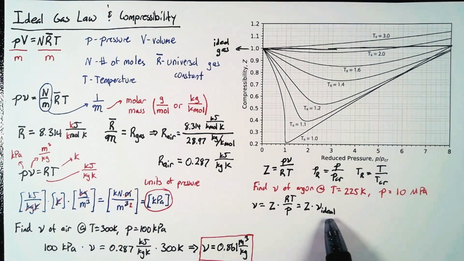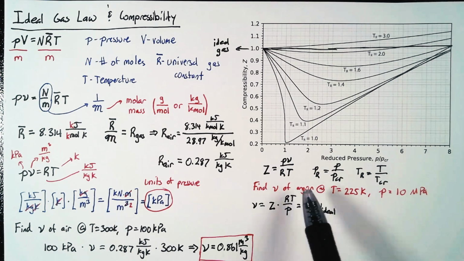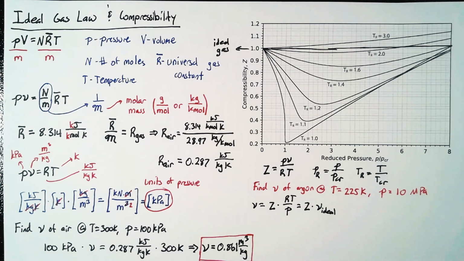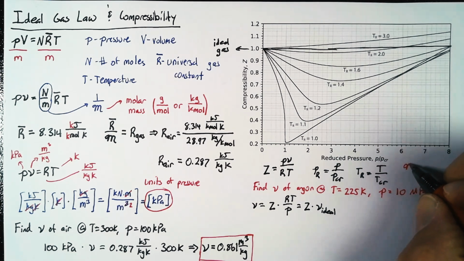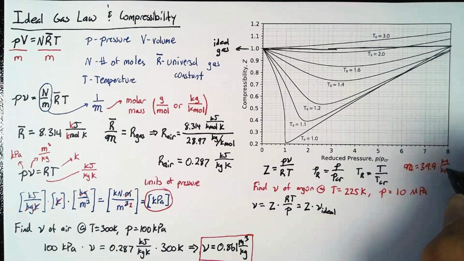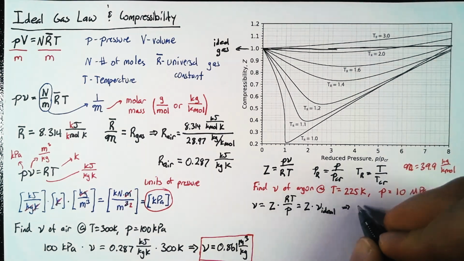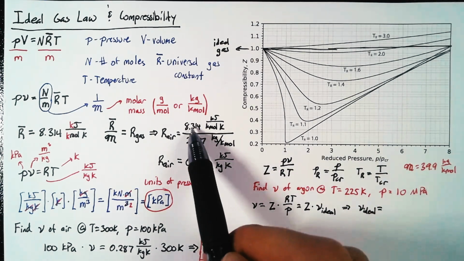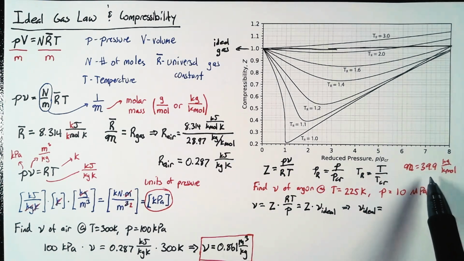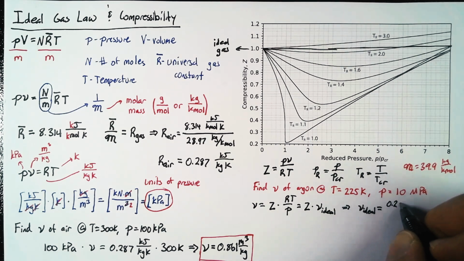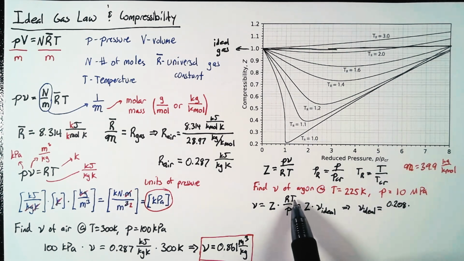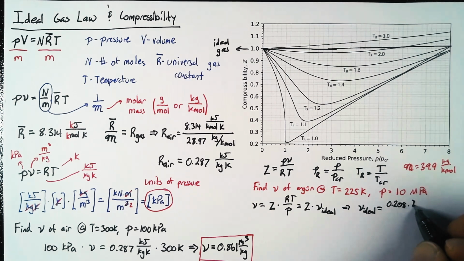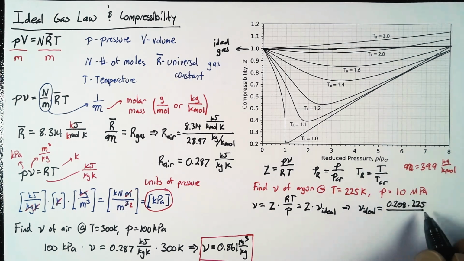Now, in order to find this, we need to know some information about argon. Specifically, we need to know the molar mass. For argon, the molar mass is equal to 39.9, in kilograms per kilomole. And we can find the R of the ideal by taking 8.314 and dividing by 39.9. That turns out to be 0.208. We multiply that by our temperature, which is 225 Kelvin, and then divide by our pressure in kilopascals.